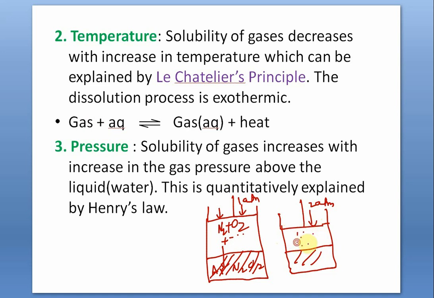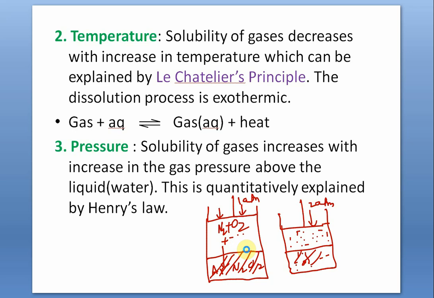In that case, the gas molecules will be compressed here and more of them will enter. Proportionately, depending on the mole fraction, more molecules of gas will enter into the aqueous phase and solubility will be more. So the more the equilibrium pressure above the liquid mixture, the more is the solubility of that gas. That is quantitatively studied by Henry's law.